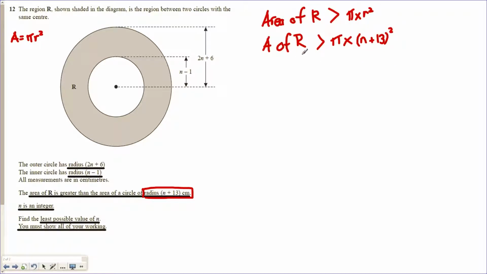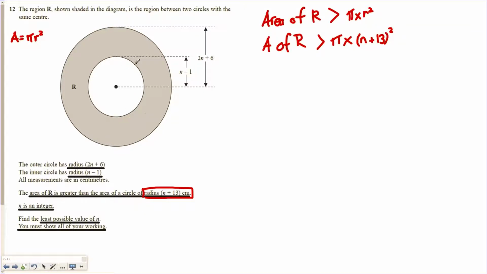Now we need to work out the area of R. R is this shaded part here, and the way I'm going to work it out is by finding the area of the largest circle, with a radius of 2n plus 1, and then finding the area of this white circle here.